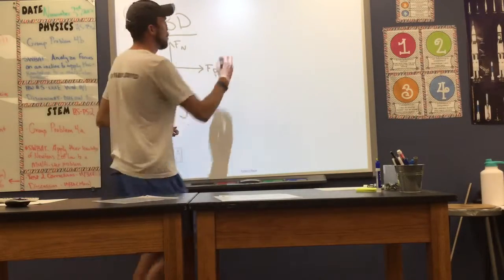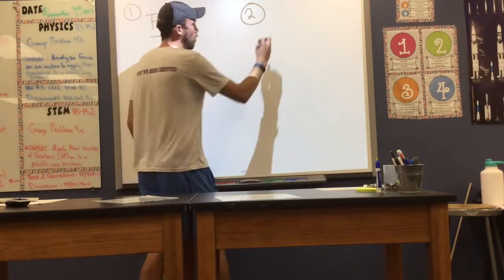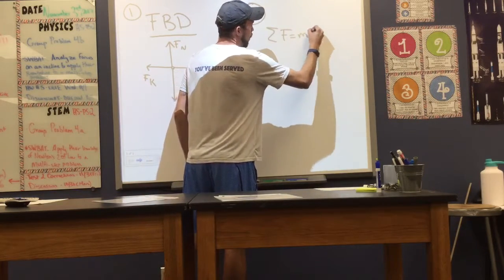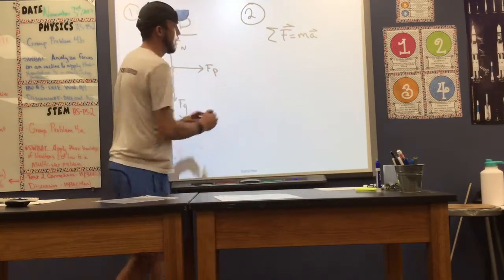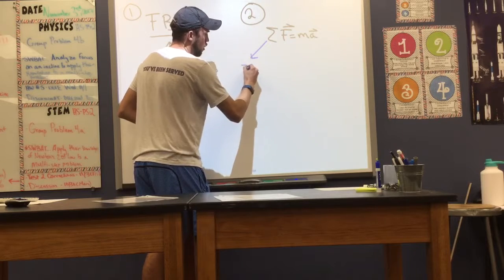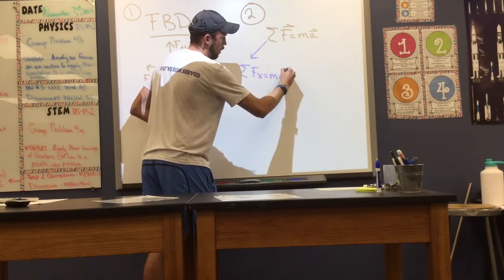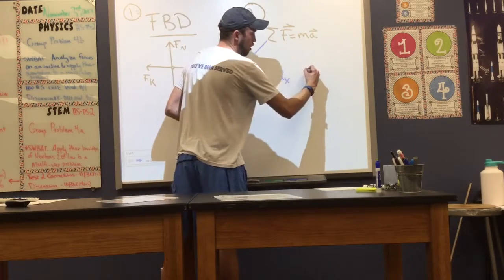Now, we're going to take those and plug them in to Newton's second law. So, sum of forces is equal to mass times acceleration. Now we're going to break that down into the two directions that we have. The sum of forces in the x is equal to mass times acceleration in the x, and the same in the y direction.